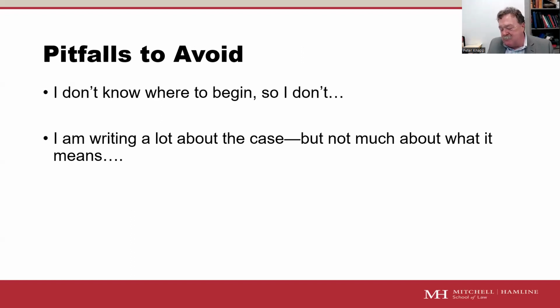I've even sort of recapitulated the analysis that's in the case, but I haven't spent much time writing about what this case means or why it's important or why the opinion makes sense or why it doesn't, or how this case has changed the law, or whether it's done so in a good way or bad way. You don't need to have a conclusion that is earth-shattering, but as I said, it should be useful and provide some guidance about what's important about this case.